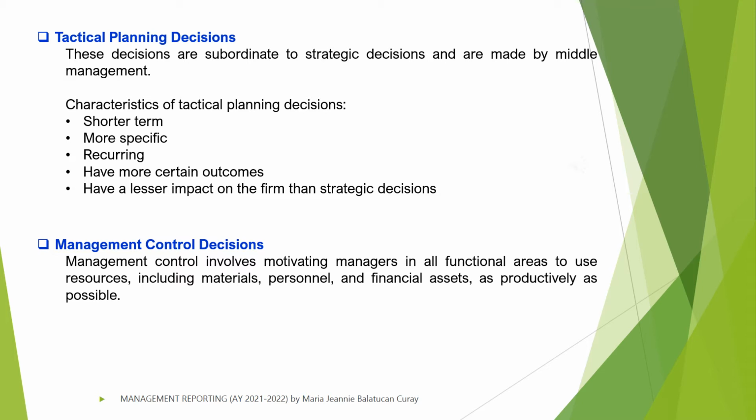But when your subordinate meets or exceeds your expectations, of course, take note, you will not sacrifice the quality of your product or services. The subordinate may be rewarded. So that's an example of management control decisions.